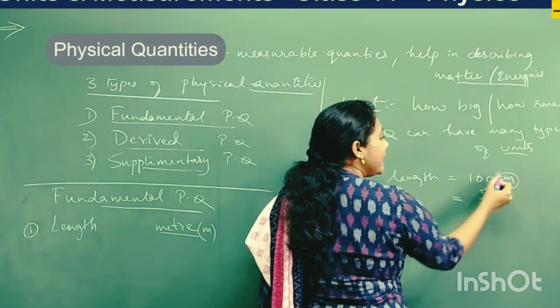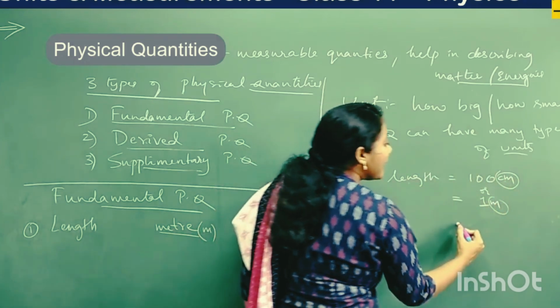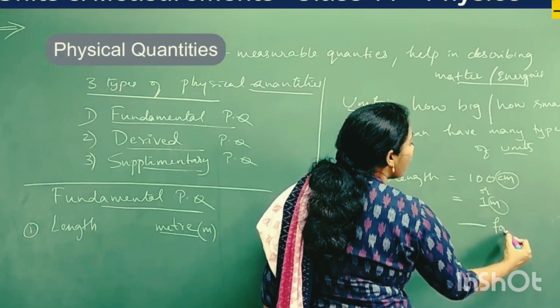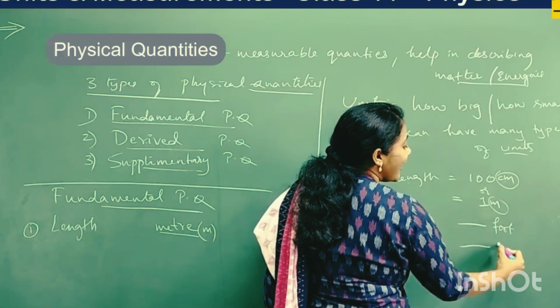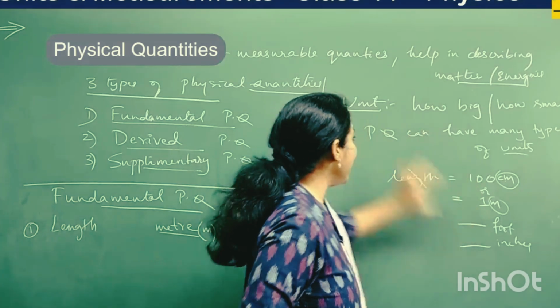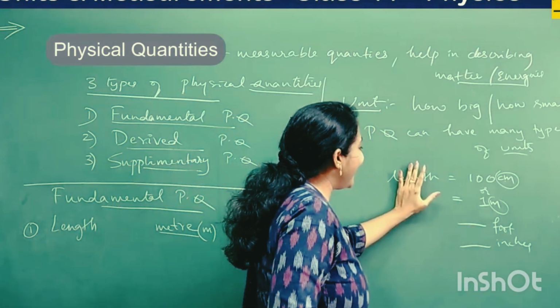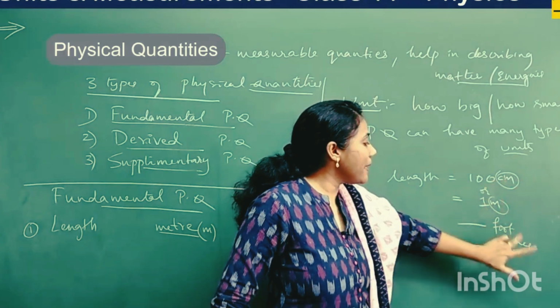Here centimeter is also a unit for length, meter is also a unit for length, or I can also talk about length in terms of foot, or in terms of inches, right? Units are many for a particular physical quantity. There is only one physical quantity, length, but it can be expressed in many units.